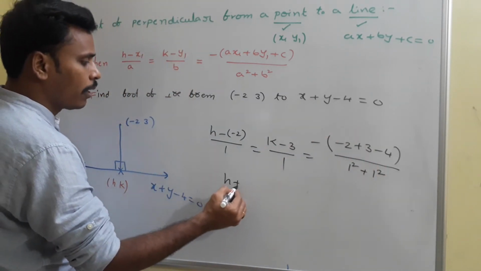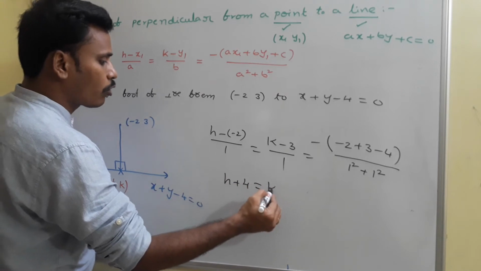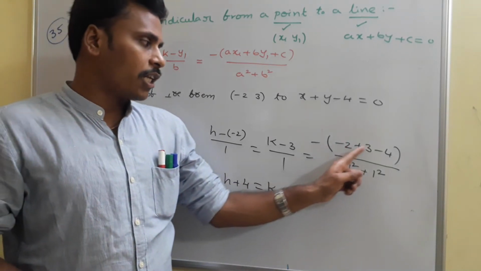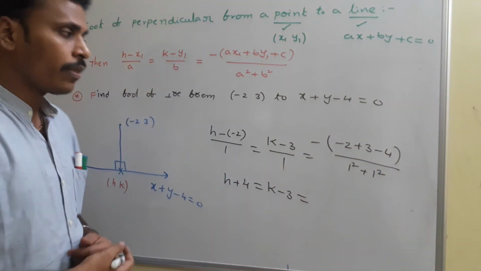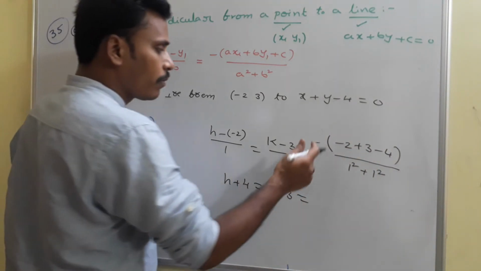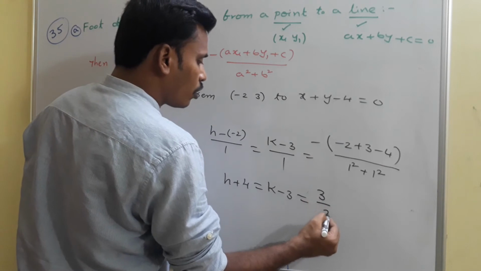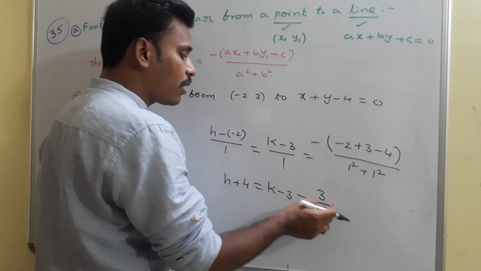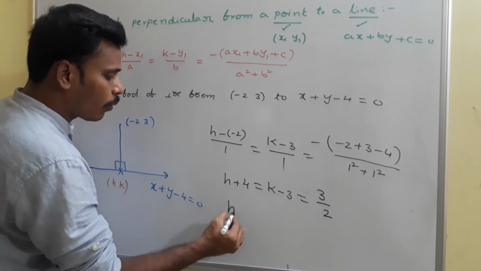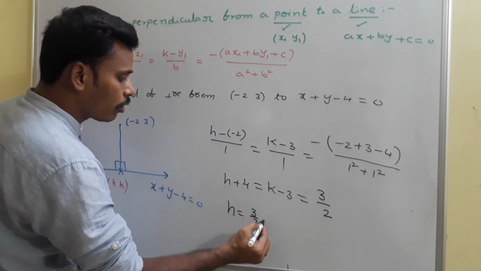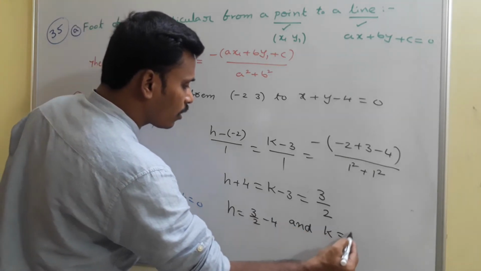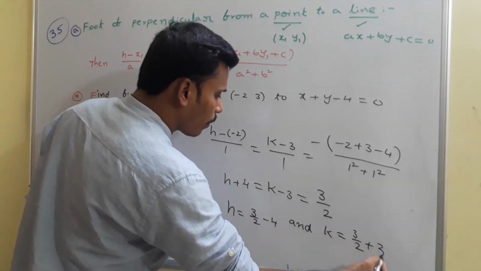So we need to simplify. h plus 4 is equal to k minus 3 is equal to, in the numerator, minus 2 minus 4 is minus 6, 3 minus 6 is minus 3, already a minus sign is there, so 3 by 2 is the thing. Now h plus 4 and k minus 3 are equal to 3 by 2, so h is equal to 3 by 2 minus 4 and k is equal to 3 by 2 plus 3.